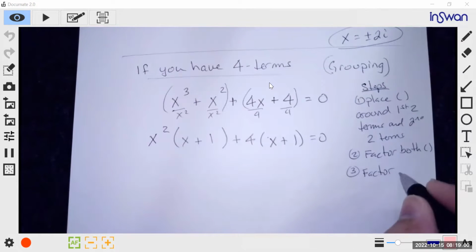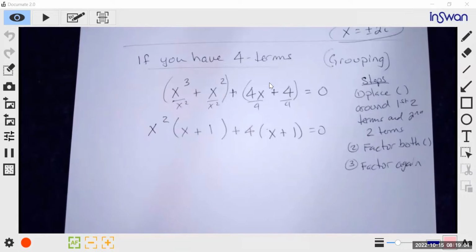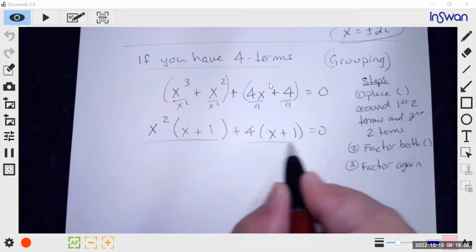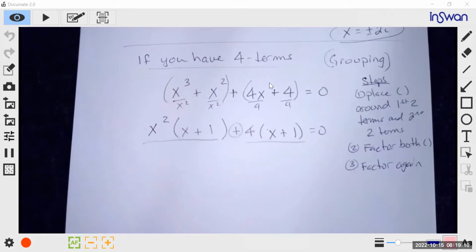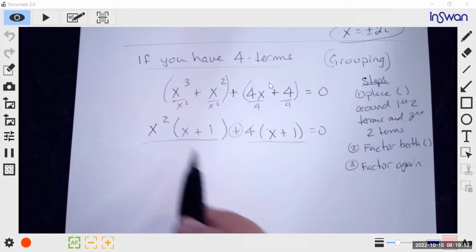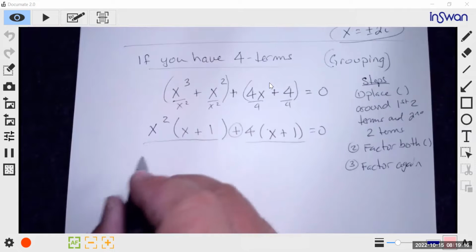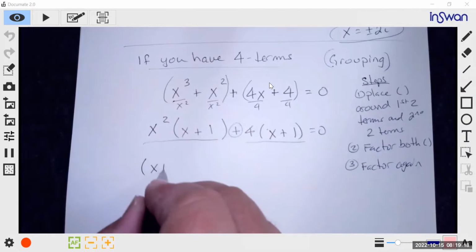Factor again, because we have two terms. We have one term here, one here, and they're separated by a plus. What do they both have in common? They both have an x plus 1.